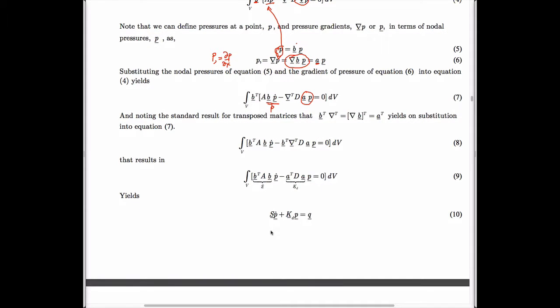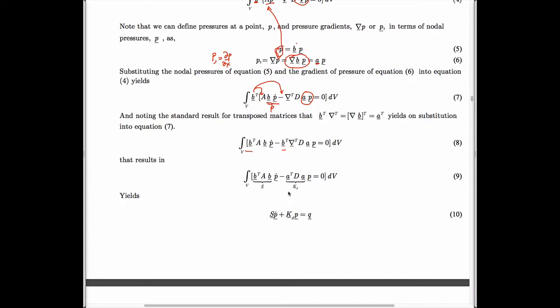What else do we do? We take this term and put it inside the bracket here. We take this term and also put it inside the bracket here. And that's what this is. And then we're left with the system equations that we had before. This is the storage matrix for the transient part.